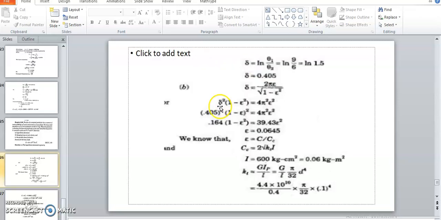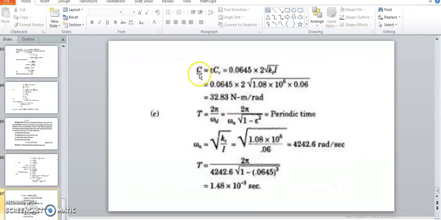Now after finding the cc value, you can find the c value: zeta into cc. Zeta is already calculated, cc is already calculated. You can find the c value. And time period is equal to 2 pi by omega d. Omega d is nothing but square root of 1 minus zeta square times omega n.